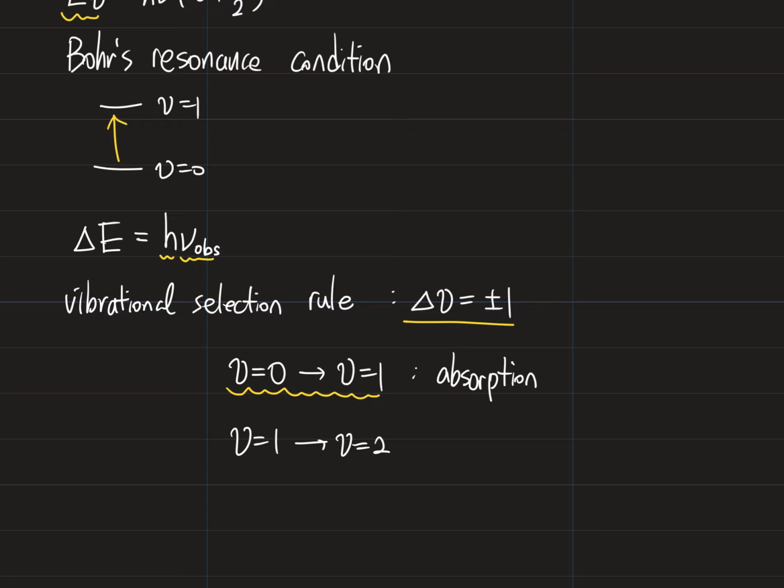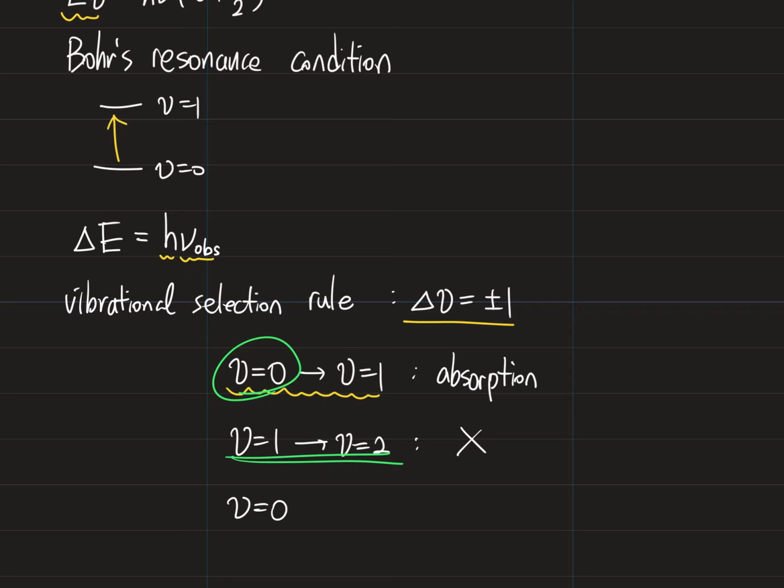This is also possible, but it is not mainly responsible for the vibrational spectrum, because nearly all the molecules are staying at the vibrational ground state. So even though this is an allowed transition, we don't really have a chance to observe it.